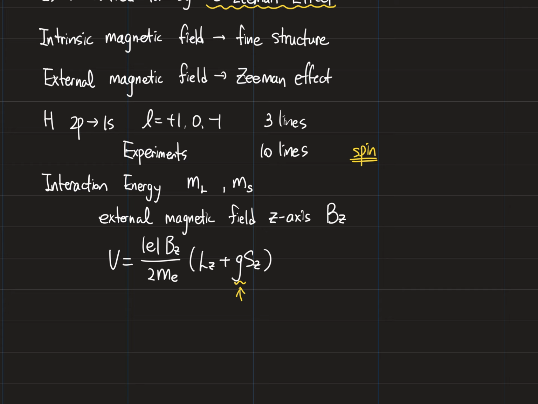This is the spin g factor. This value is approximately 2. Because spin responds twice as strongly to the magnetic field as the orbit does, L and S don't contribute equally. So this inequality is what creates the complex splitting we see.